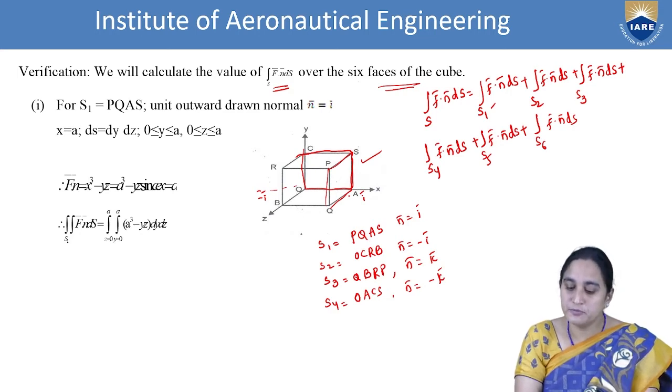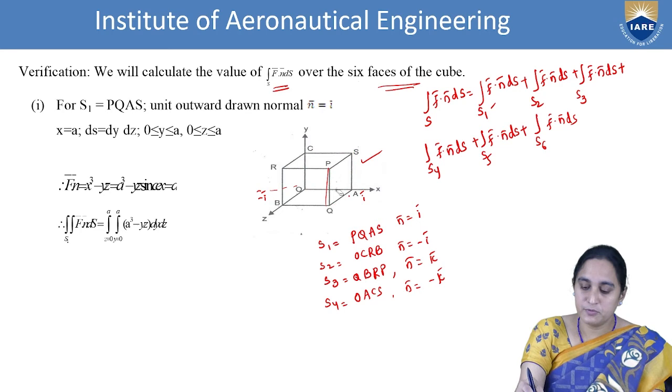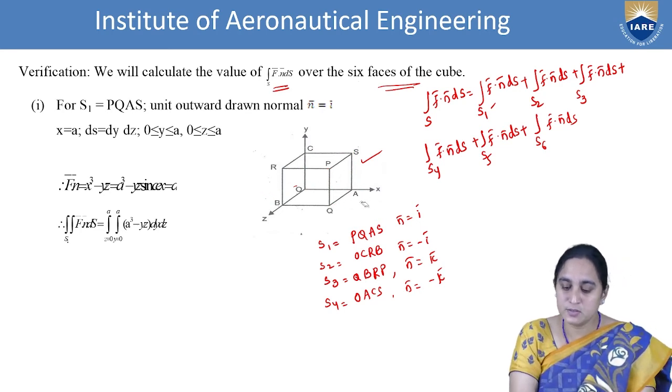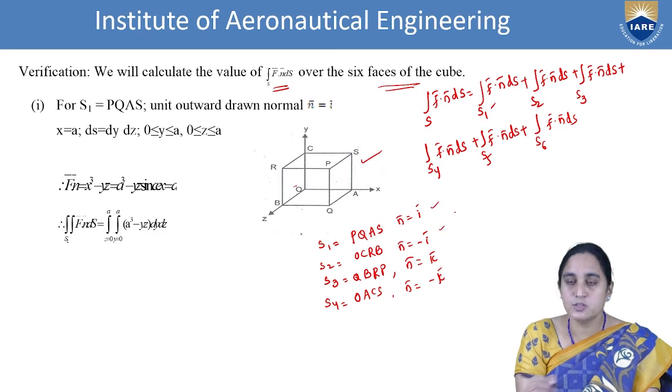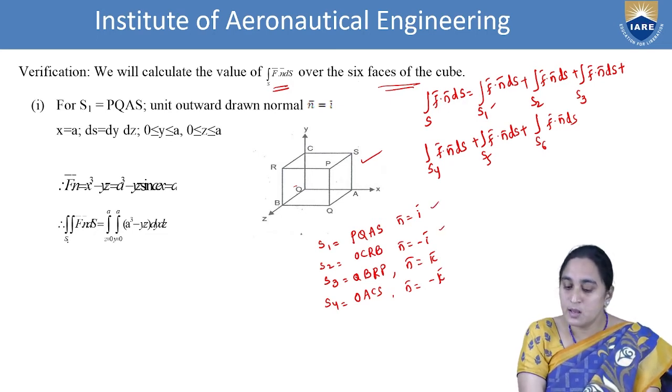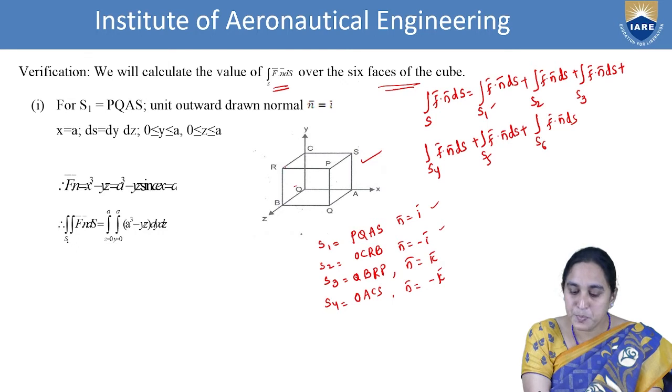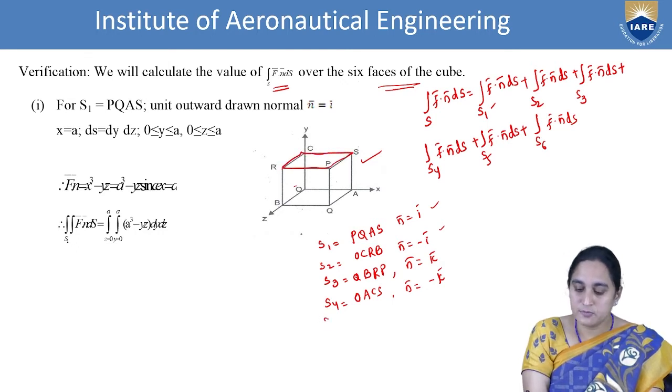And what about the fifth face? The 2 faces on the x-axis are over, and the 2 faces on the z-axis are over. Now I'll calculate on the y-axis. S5 is PSCR.